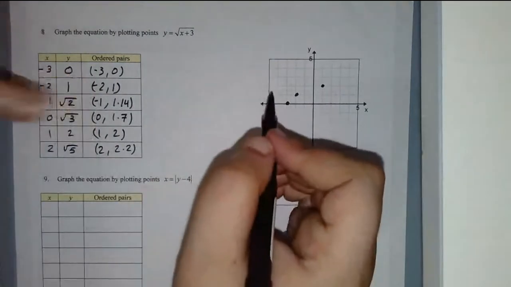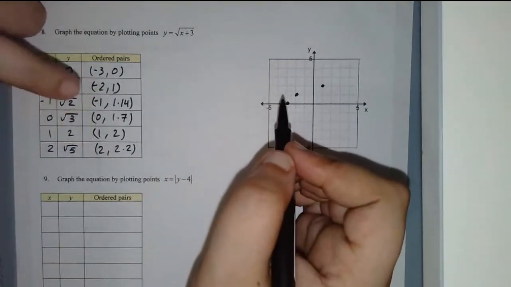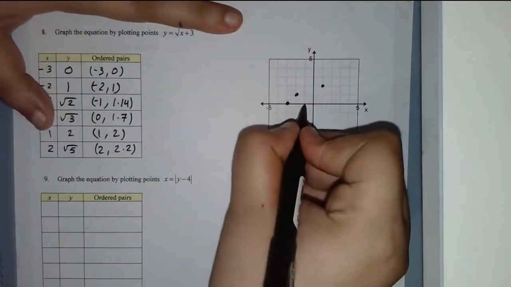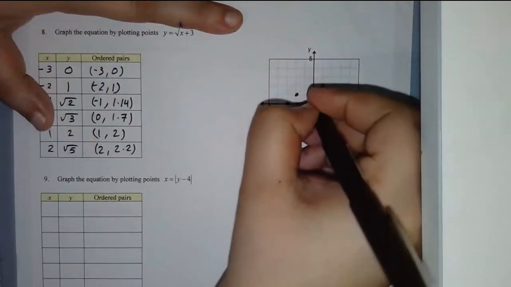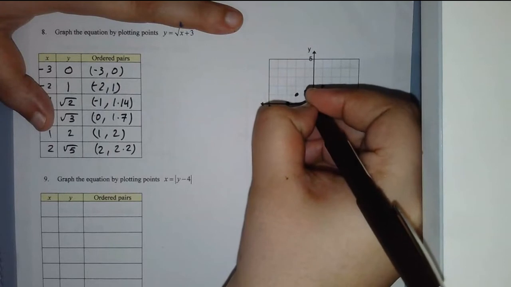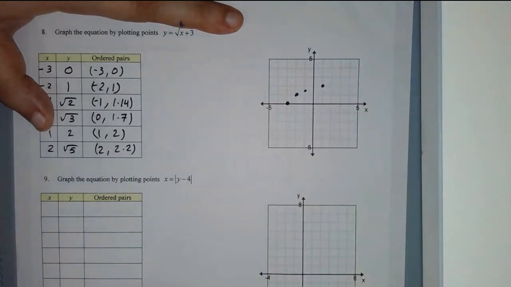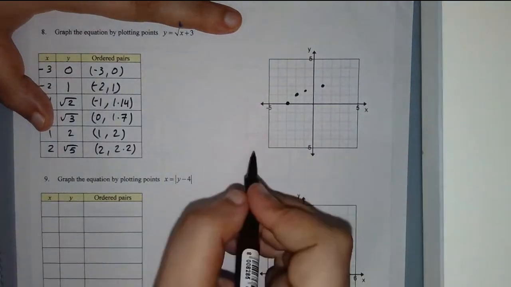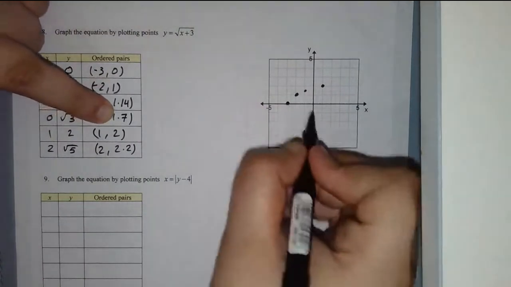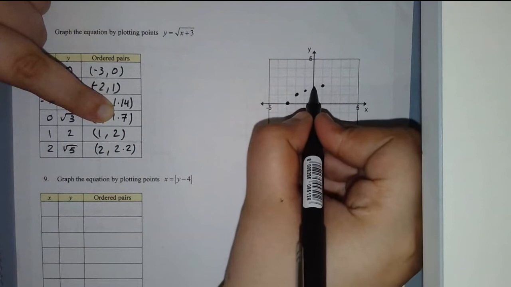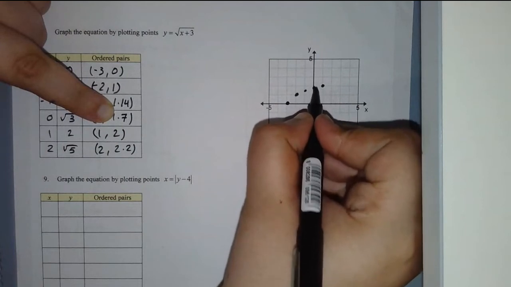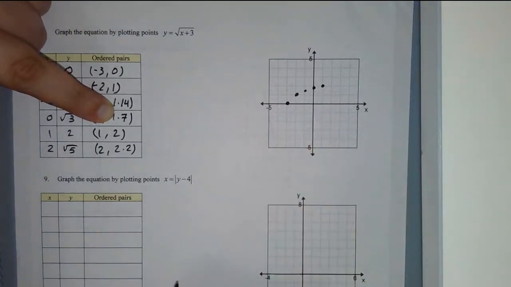Okay. Now I'm going to go back. Anyway, -1 and 1.14. So -1, this is 1 for y. I want 1.14, so let's do it like right here. That looks about right, I think. Right? Now, 0 and 1.7. So 0, so right there. 1, this is 2, so a little below. So maybe right here. This is 1.7, maybe.